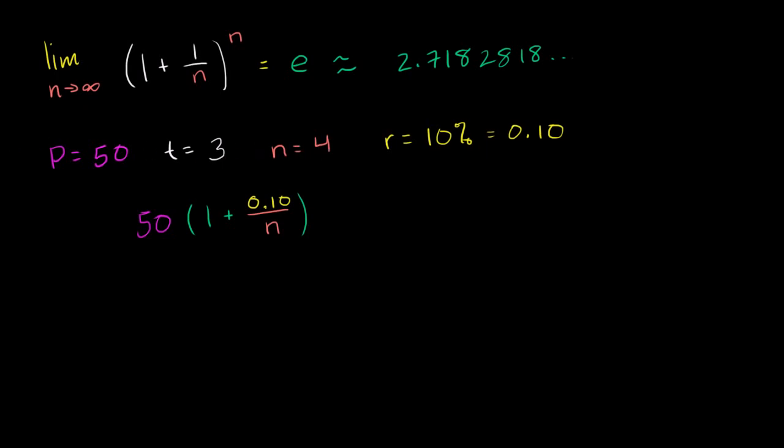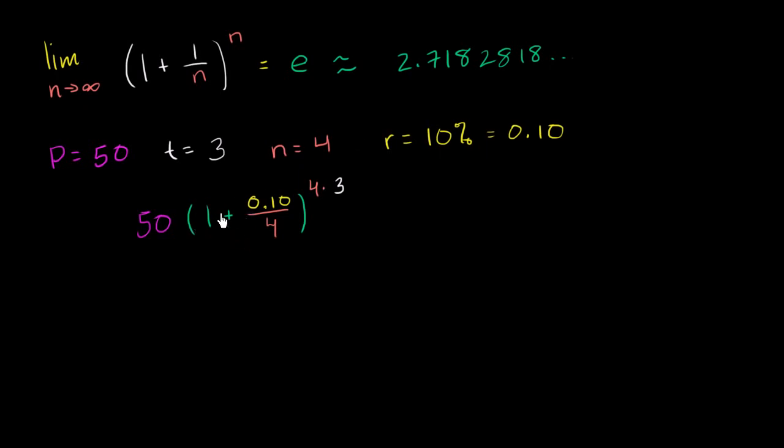So let me write this. Actually, instead of n right over here, let me write the 4 so you see all the numbers. So you're going to do this to the 4 times 3 power. And I encourage you, if you want, to pause the video and use your calculator to calculate what that is.